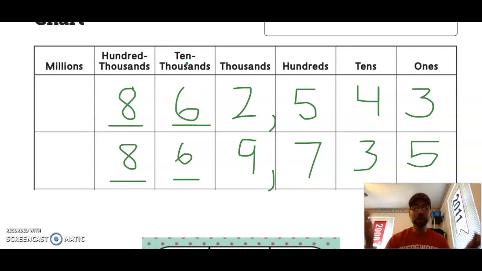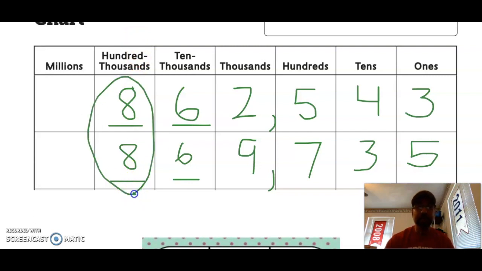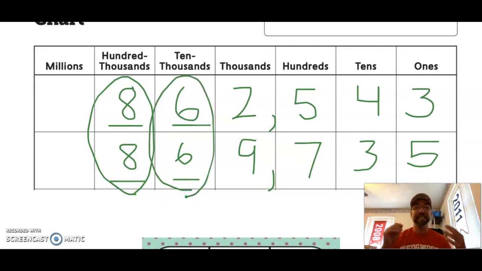How would I determine which number is greater? Well, I can't use my first digit because they're both the same value. And I can't use the second digit because they're also the same value. So now I must look in my thousands place.